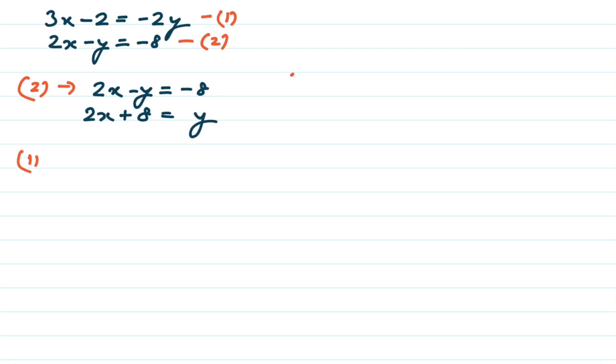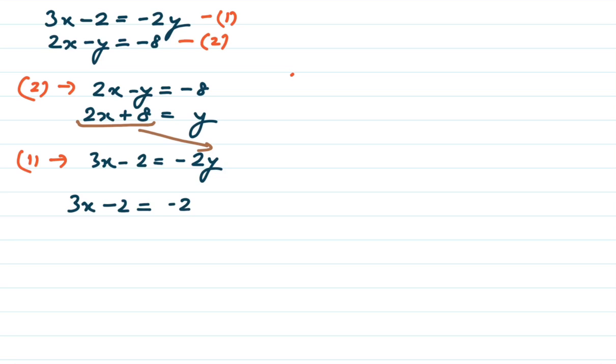I take my first equation, which is 3x minus 2 is equal to negative 2y, and I'm going to replace this value of y here in this location. So I get 3x minus 2 is equal to negative 2 times 2x plus 8.